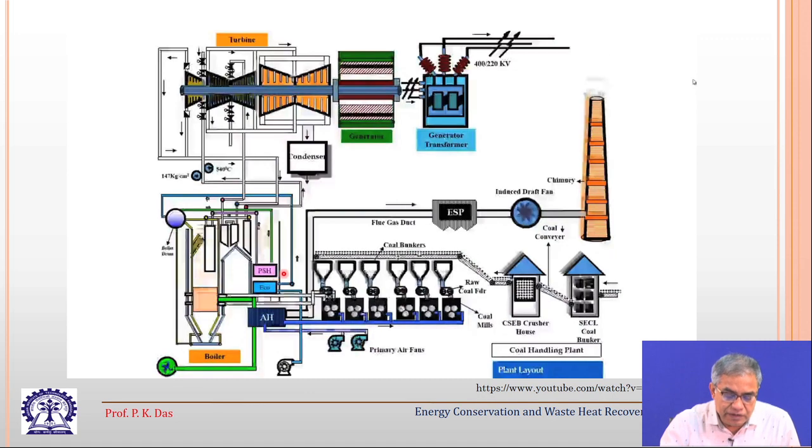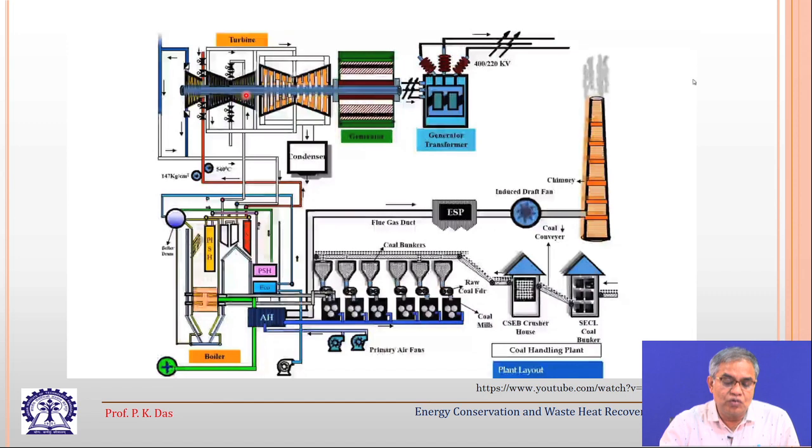We can see there is some sort of primary superheater, economizer, then there is another kind of superheater, and then there will be reheaters in between, and then the steam is now going to the high pressure turbine. First it has gone to the high pressure turbine.